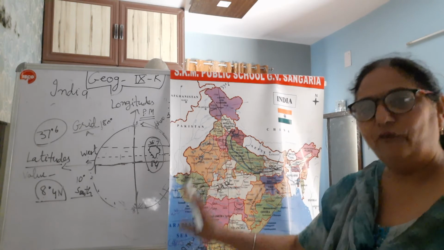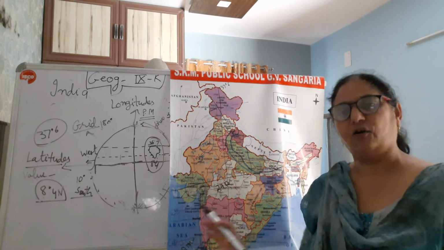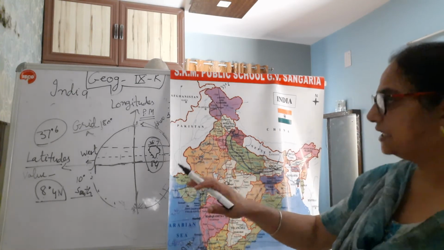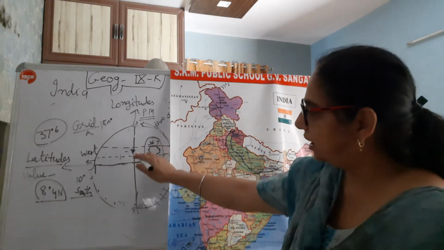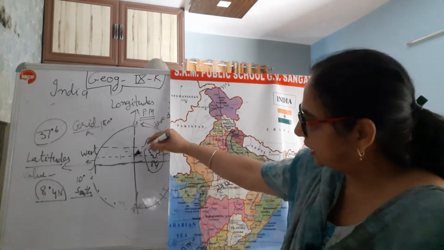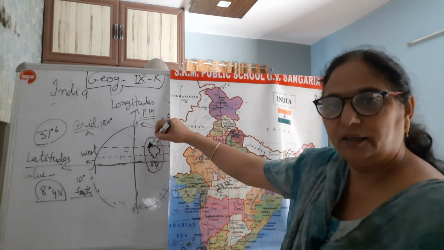But when we write according to the longitudinal value of India, we will use east only, because India is located in the eastern part of the world. This is the northeast part of the world, right?